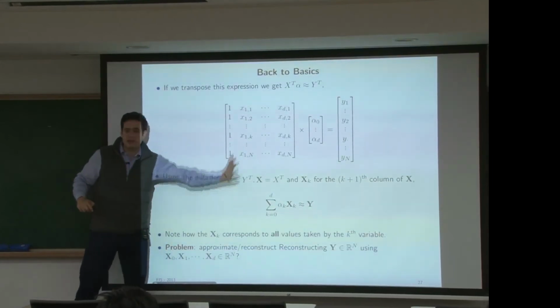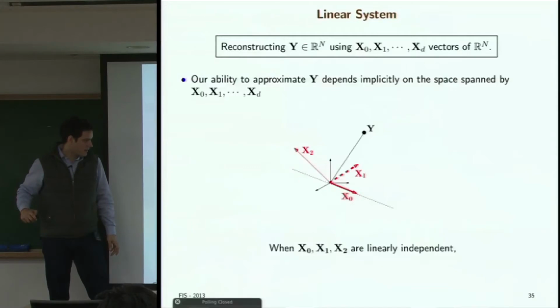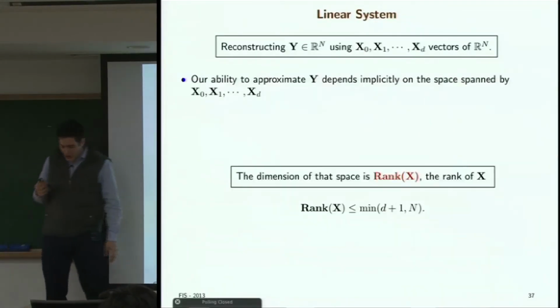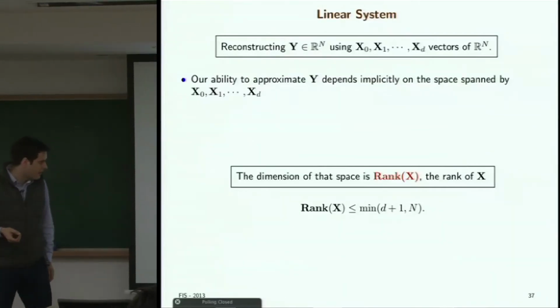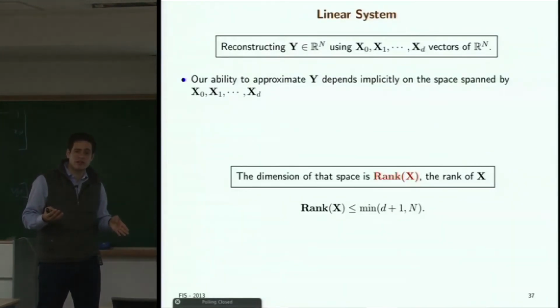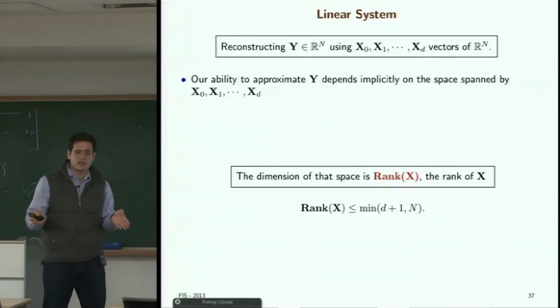So the rank of that matrix, bold X, is important. So what we know is that the rank of X is smaller than either the number of rows or the number of columns. That's for sure.